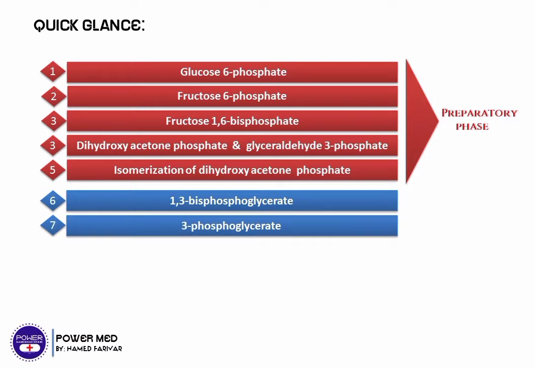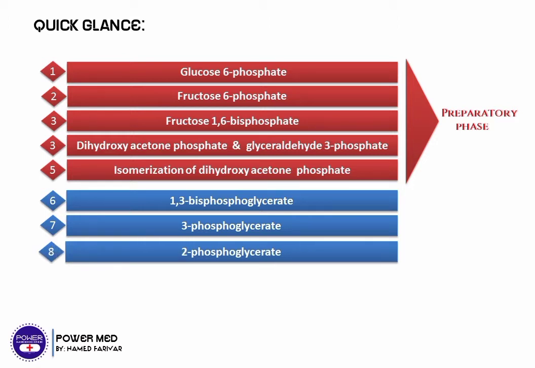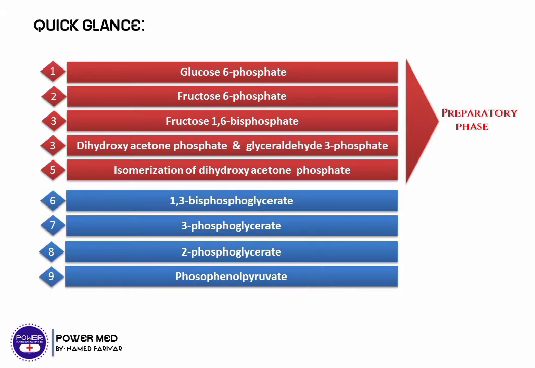In the seventh reaction, 1,3-bisphosphoglycerate is converted to 3-phosphoglycerate, and this is the first reaction of glycolysis in which energy is released in the form of ATP. The eighth reaction reveals the generation of 2-phosphoglycerate from 3-phosphoglycerate. And all these reactions are basically catalyzed by specific enzymes. In the ninth reaction, 2-phosphoglycerate is dehydrated to make phosphoenolpyruvate by removing 1 molecule of water from 2-phosphoglycerate.